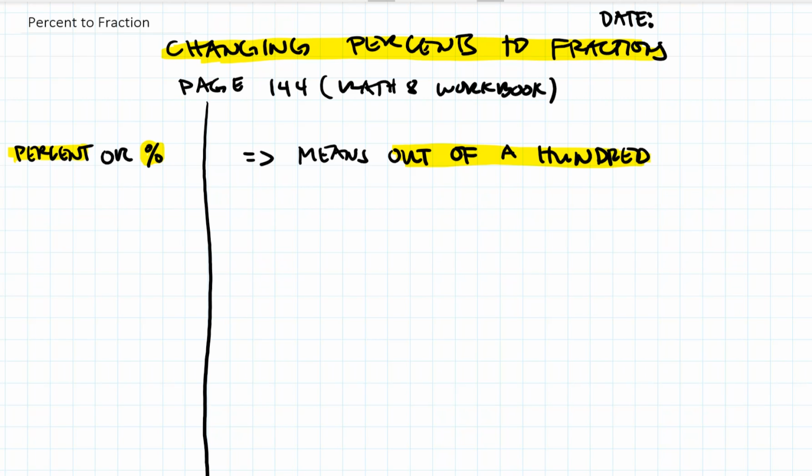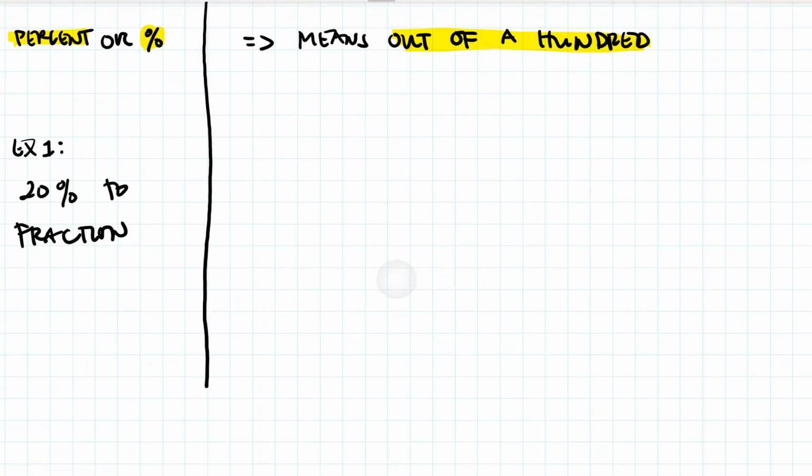So let's take an example. You have 20% to fraction. So how would I write 20% as a fraction?